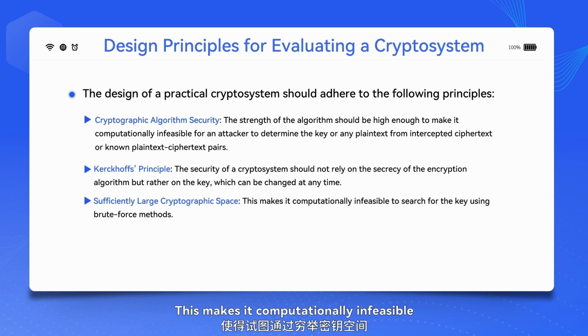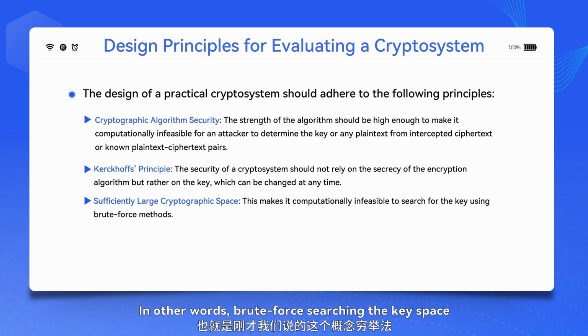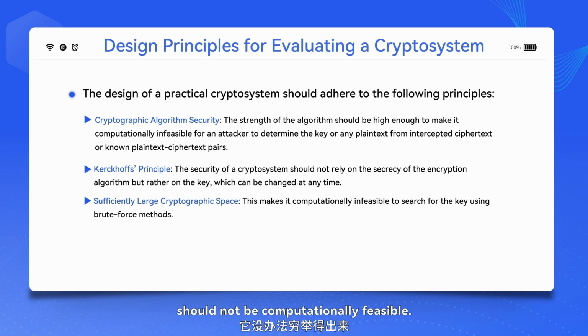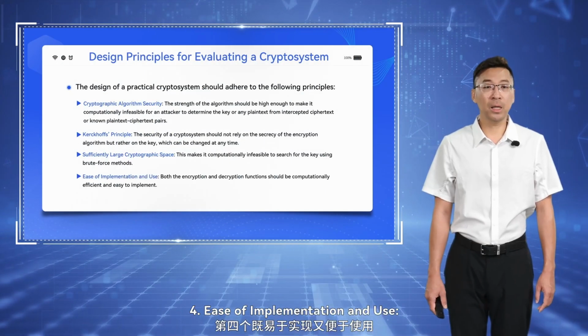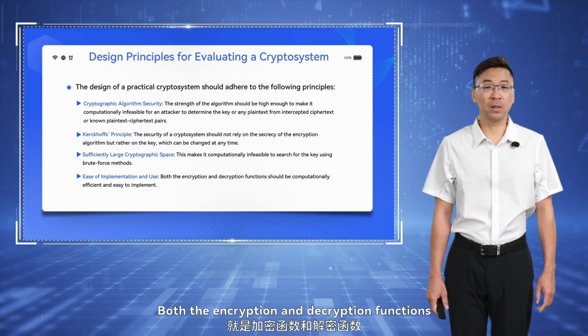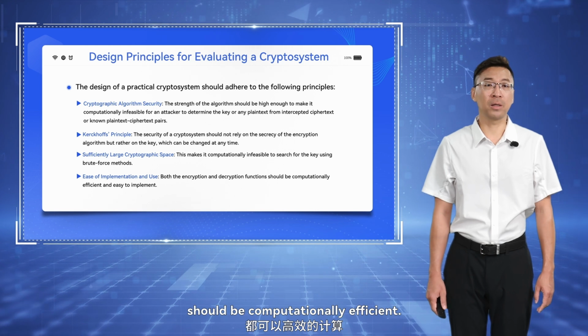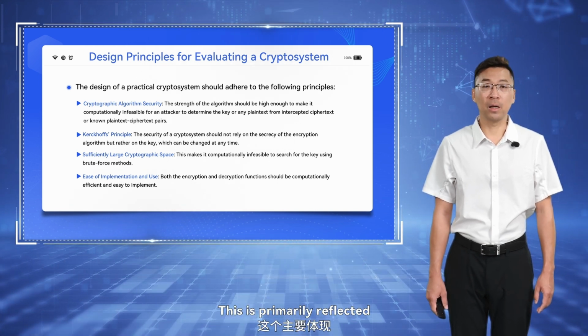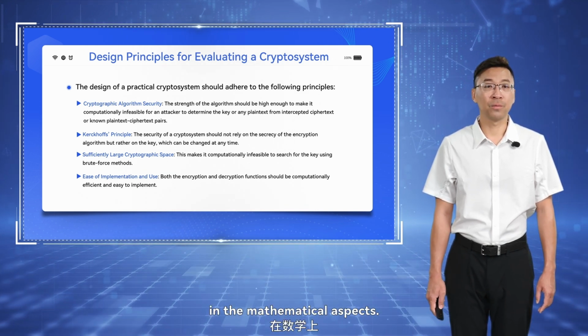This makes it computationally infeasible to search for the key using brute force methods. In other words, brute force searching the key space should not be computationally feasible. 4. Ease of implementation and use. Both the encryption and decryption functions should be computationally efficient. This is primarily reflected in the mathematical aspects.